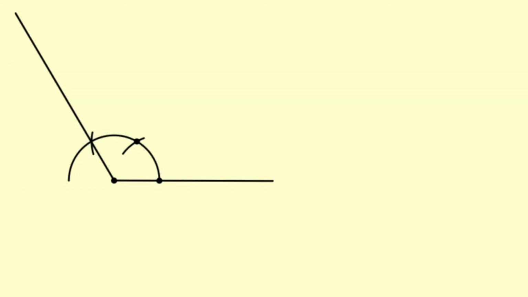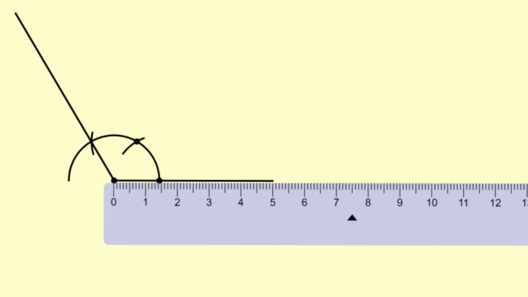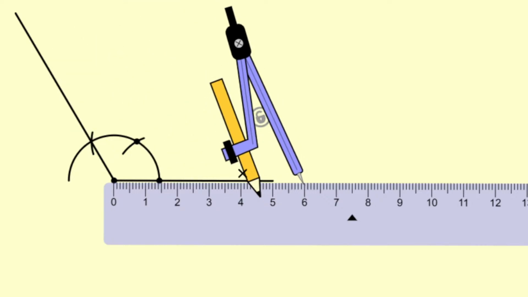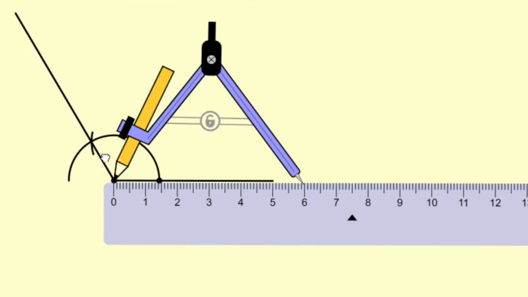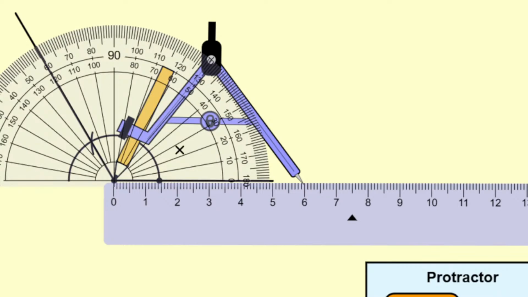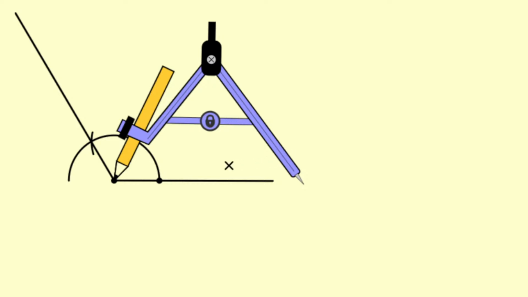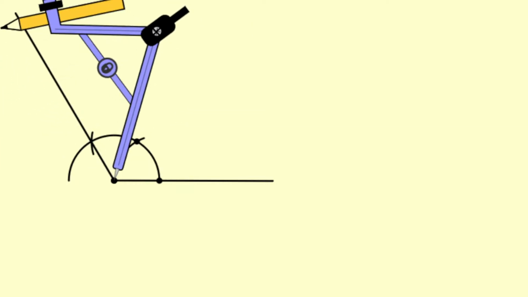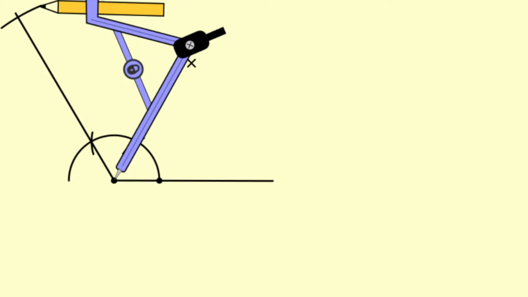Now we have to draw AB. AB is equal to 6 centimeter. So with the help of scale, I'll measure compass length 6 centimeter. See, compass is 6 centimeter. Now with A as center, I'll draw one arc on the line where we have drawn an angle of 120 degree.